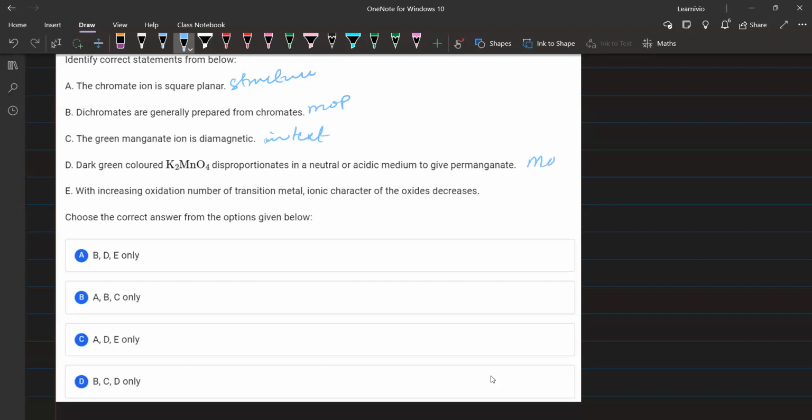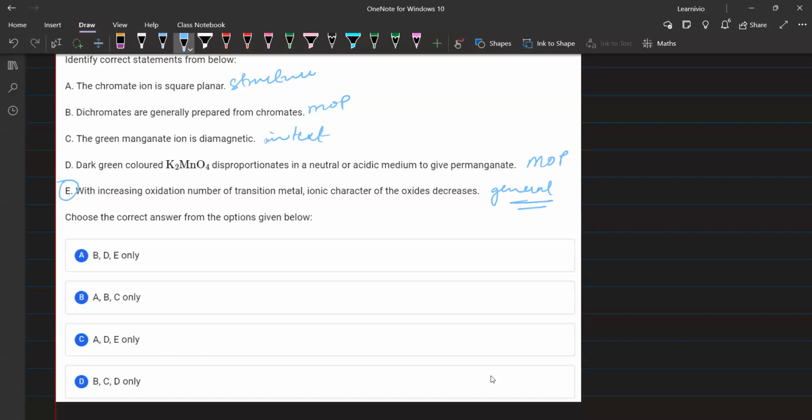Then this is again from the preparation of potassium permanganate. This is something general. I think you can answer this one.